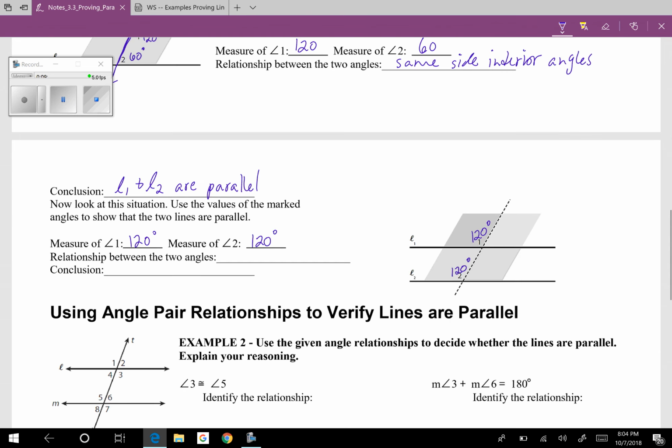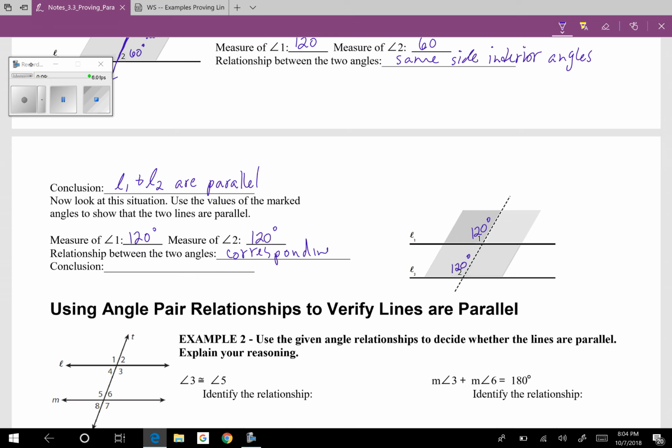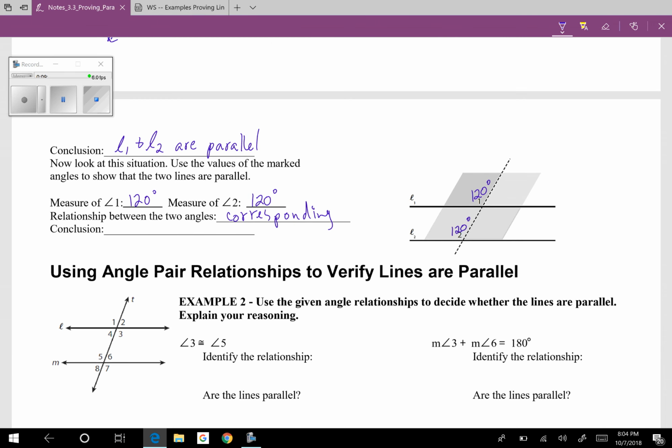Well, guess what, guys? They're in the same spot. So they are corresponding angles. And so our conclusion: if corresponding angles are congruent, then we can say that the lines are parallel. So L1 and L2 are parallel.